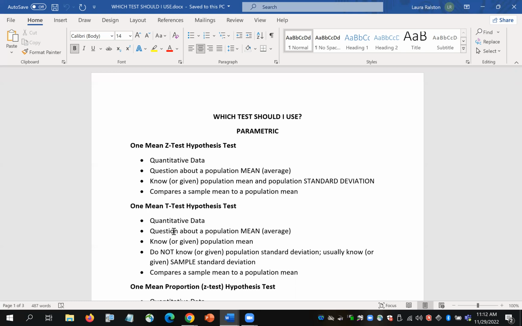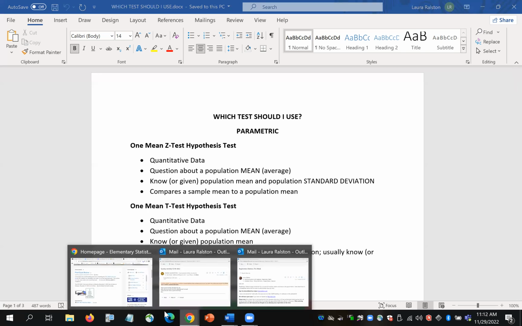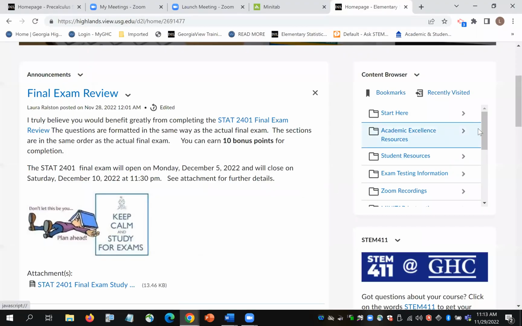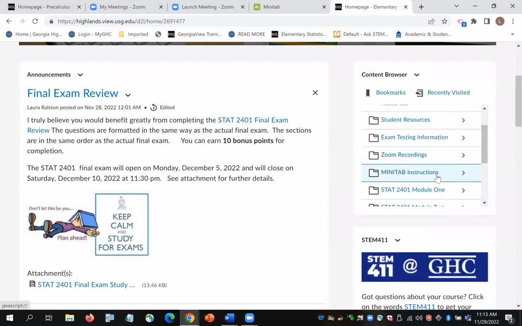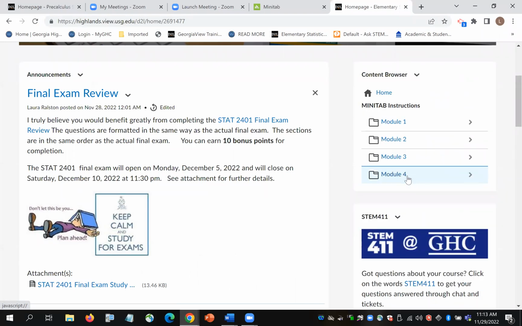If you have forgotten some of the commands for Minitab, I believe in each lesson I have the folder in D2L labeled Minitab instructions. They're sorted by module, so you'll be focusing on module 3 and module 4.